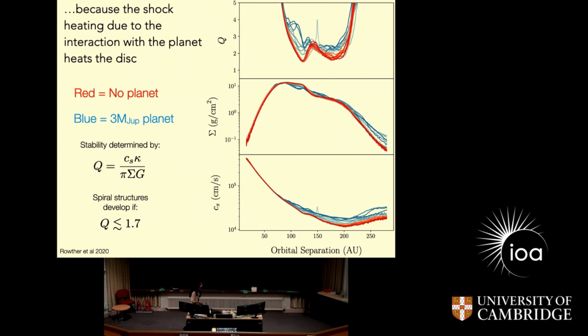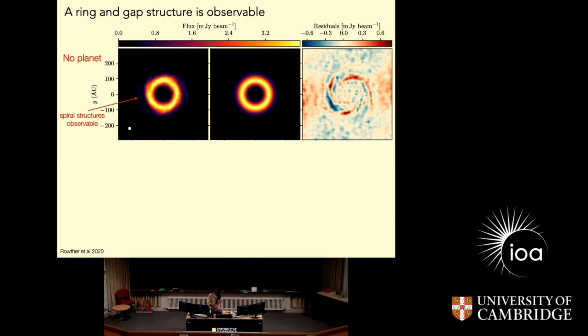Now, this is happening because of that interaction, the shock heating that occurs due to the interaction between the planet and the disk. Now I asked the question about whether or not we should be observing spirals. We can look at the mock observations of these simulations.